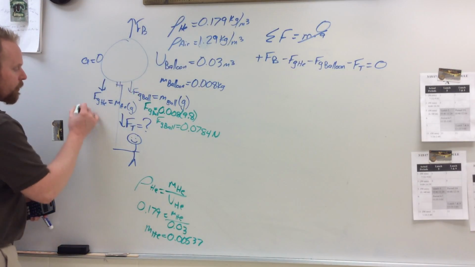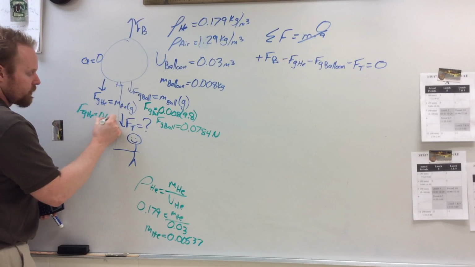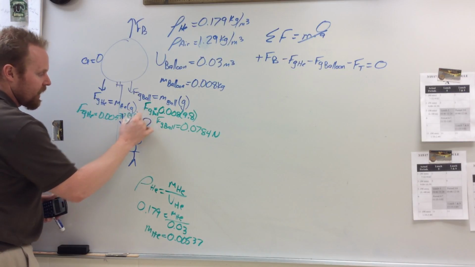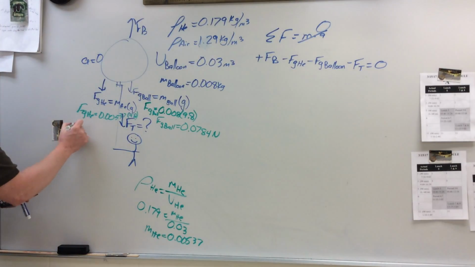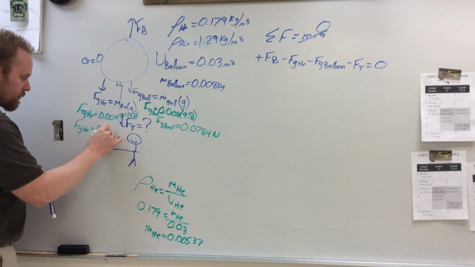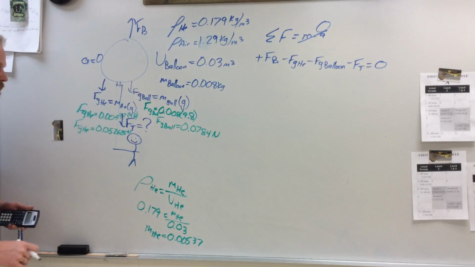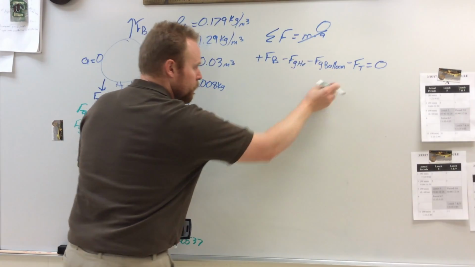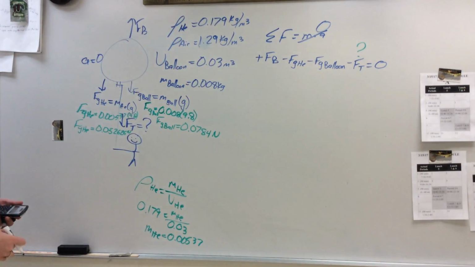So the weight of my helium is going to equal 0.00537 times 9.8, and the Fg of my helium is equal to 0.052626 newtons. So I have these two Fgs. I'm just going to be plugging those two numbers in here, again solving for that tension.